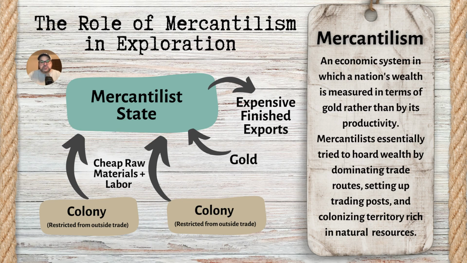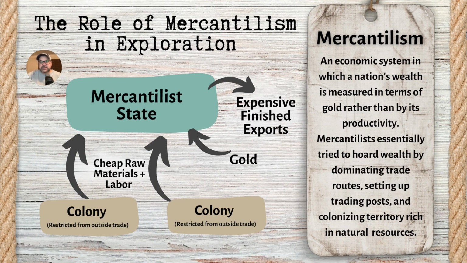But these colonies are going to supply cheap labor, most of the time slave labor, and cheap raw materials, again often through the use of slave labor. The mercantilist state, whether it be France, Spain, Portugal, etc., would then import that, bring that back from their colonies, make stuff with it, and then export and sell that at very high prices.